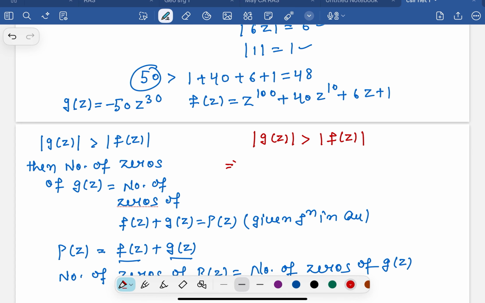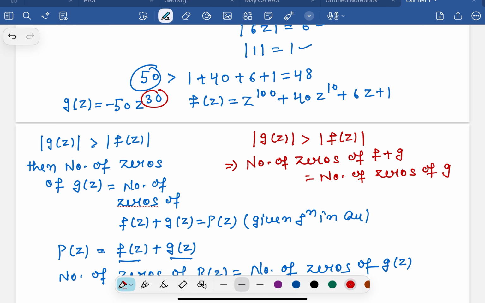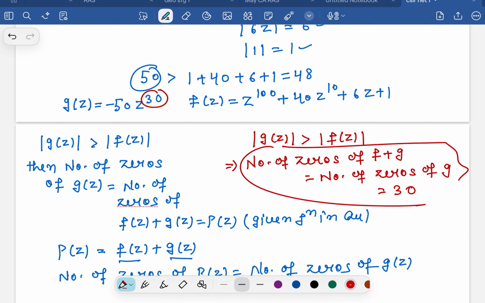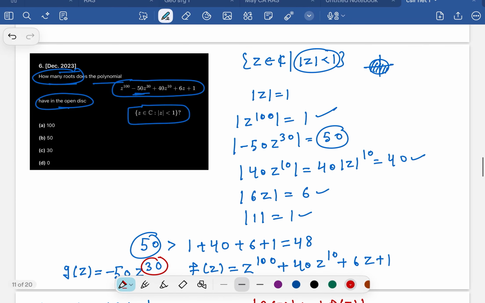So it implies number of zeros of f(z) plus g(z) is equal to number of zeros of g. And g has how many zeros? 30. Because power of z is 30. सो इसका मतलब है जो given function है मेरे पास उसके जो number of zeros होंगी inside that open disc are 30. ठीक है. सो options 100 नहीं होगा, 50 नहीं होगा, 30 is the right answer.